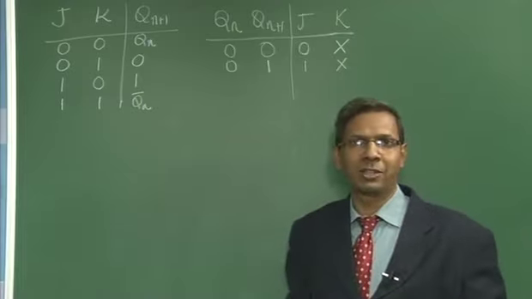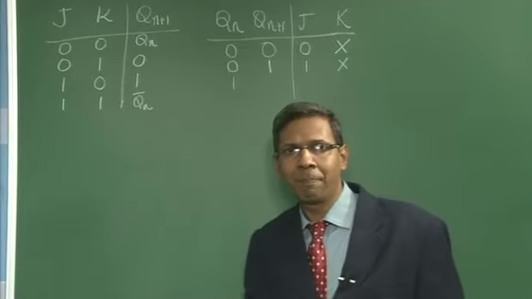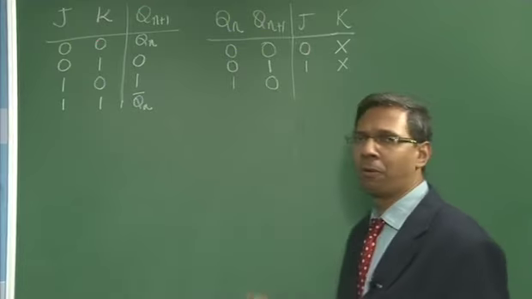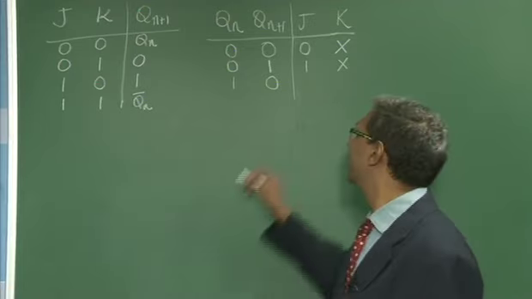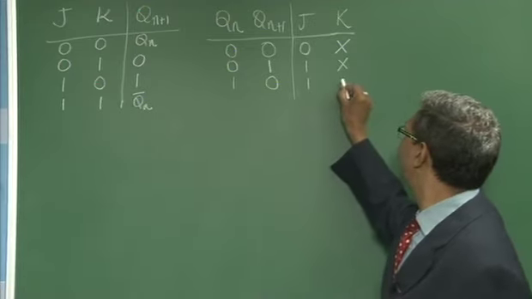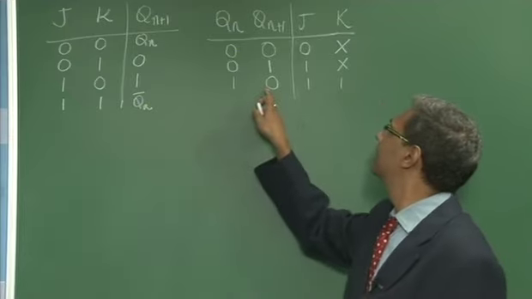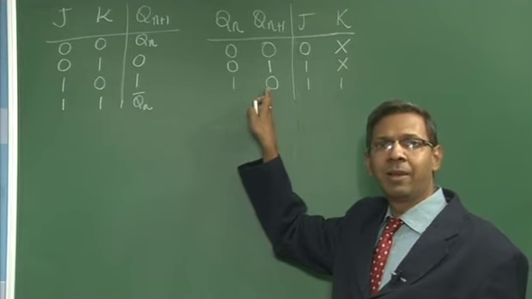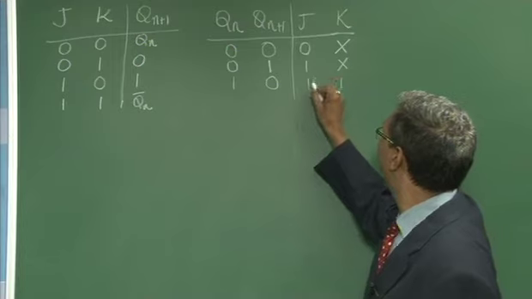What are the other possibilities now? If the previous output was 1, the next output I want to be 0. Again, what are the possibilities? The first possibility is toggle mode. Toggle means both J and K would be 1. Another possibility is, if the next output has to be 0, I can clear. So for clear, J has to be 0.